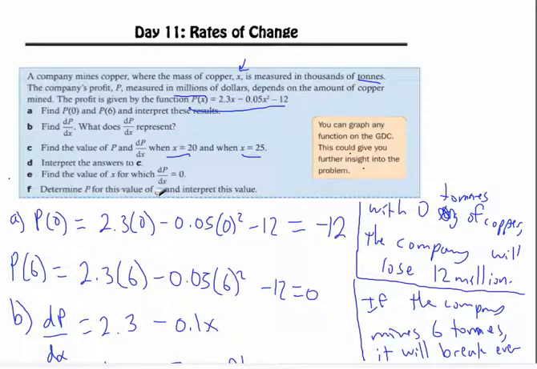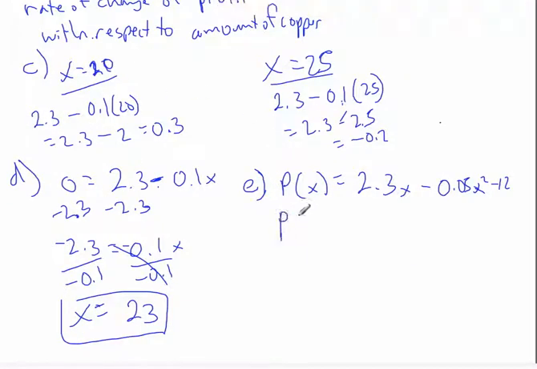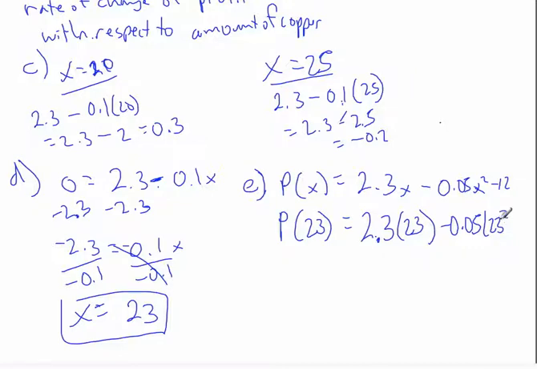Determine P for this value of x and interpret this value. So this is our original profit function, and we're going to have to find the P value when x equals 23. So we're going to substitute this into the equation and see what we get. 23 squared and minus 12.